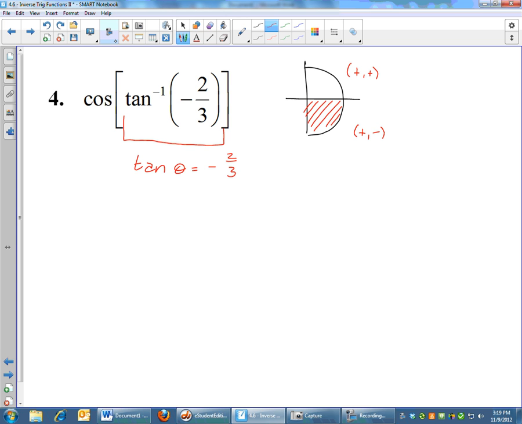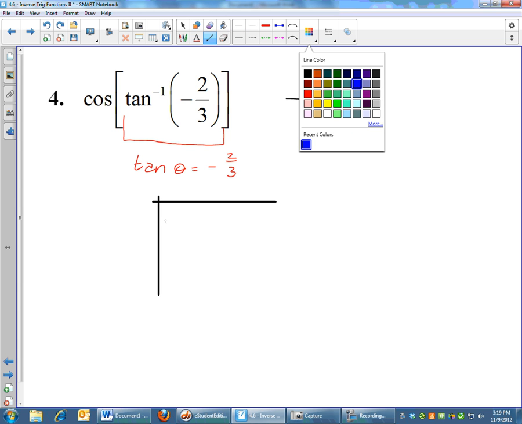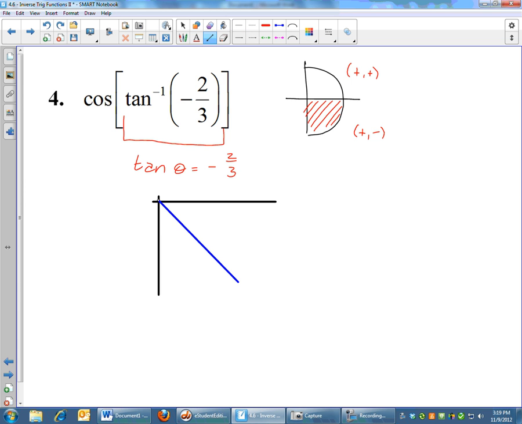So let me draw the fourth quadrant so I can get my triangle done. So I'm going to draw a triangle going into the fourth quadrant. And when you draw your triangle, remember, you always start at the origin, and you go out into the quadrant, then back to the x-axis. So here's my right triangle, and then we need to think about our friend Sohcahtoa tangent.